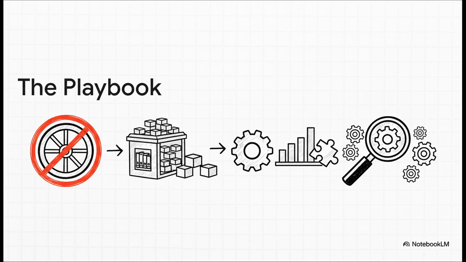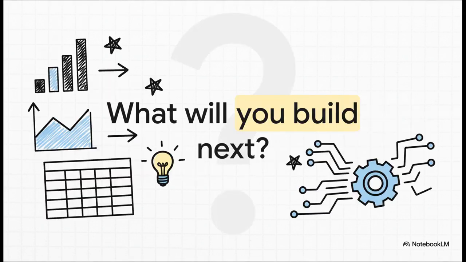Your real value, your superpower, is linking these components together to create cool experiences and focusing your precious time and brainpower on the unique business logic that only you can write. When you start thinking this way, you can build much more powerful, more stable apps in way less time. You can seriously go from a boring list of data to a fully interactive dashboard in a single afternoon. So the only question left to ask is, with all this new efficiency, what amazing thing are you going to build next?